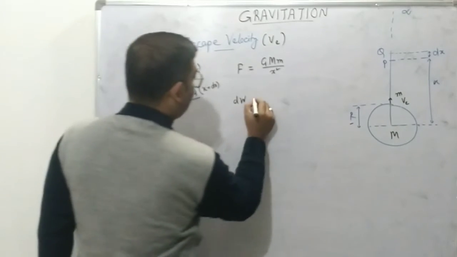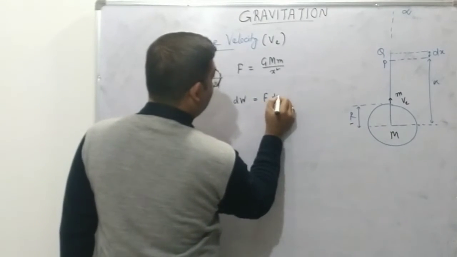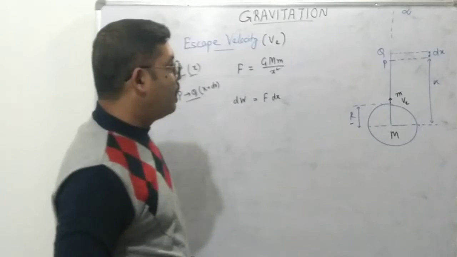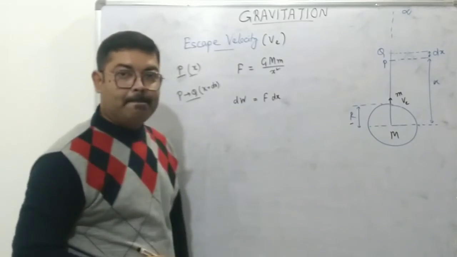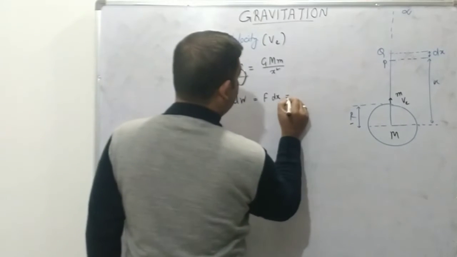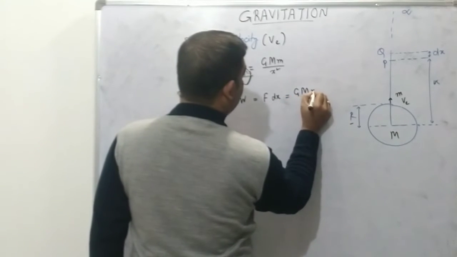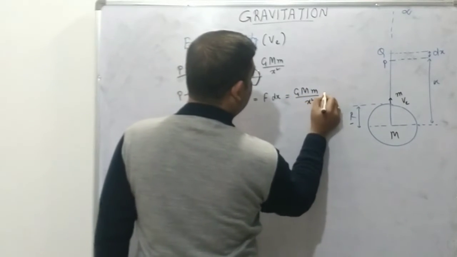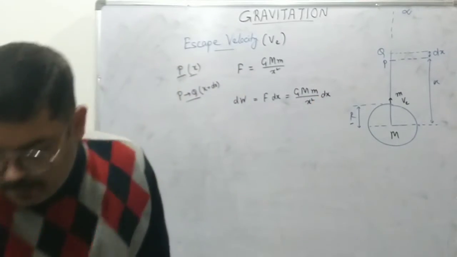It will simply be F into dx. We are talking about the magnitude here, which will be equal to G M m by x squared dx.